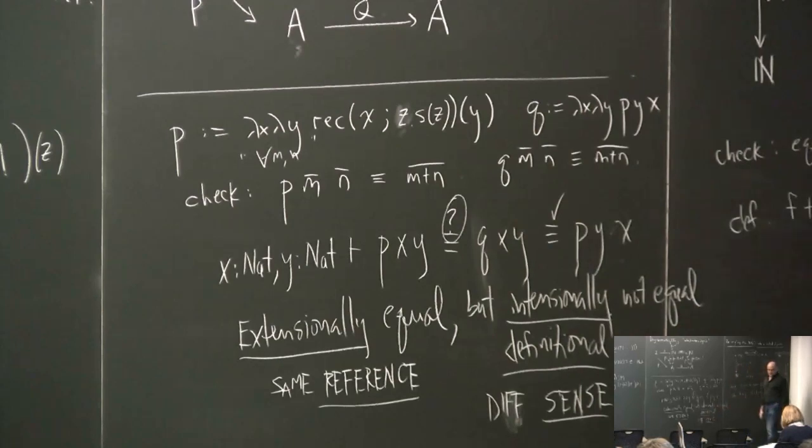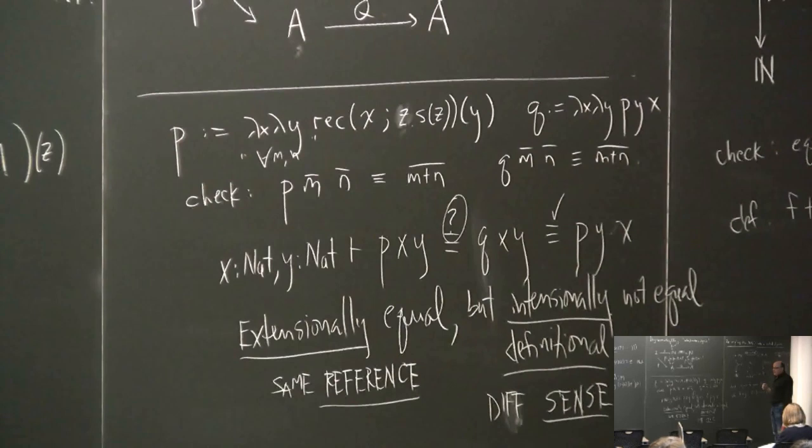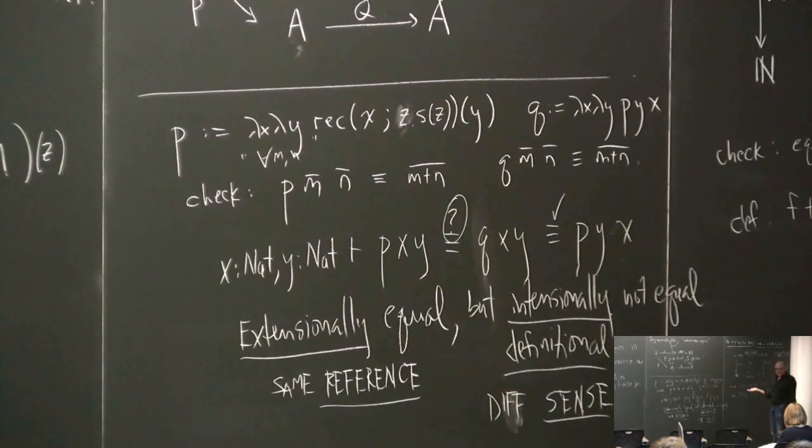That's the terminology. If you go back to Frege's work on sense and reference, if I remember correctly, I'm doing this off the top of my head, he drew the idea about the morning star and the evening star. They both refer to Venus, but they have a different sense. One of them says you look a certain place in the morning, the other says you look a certain place in the evening, and we call that thing you see the morning star and the evening star respectively, but they refer to Venus.